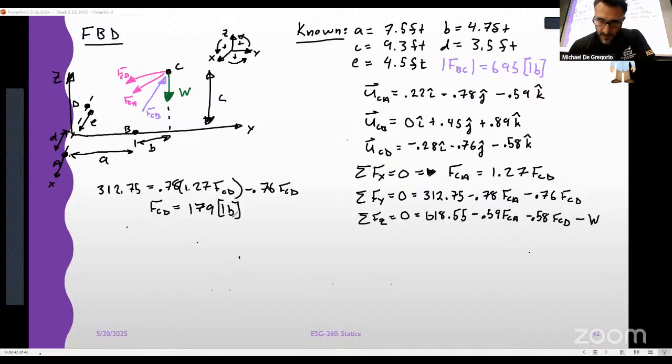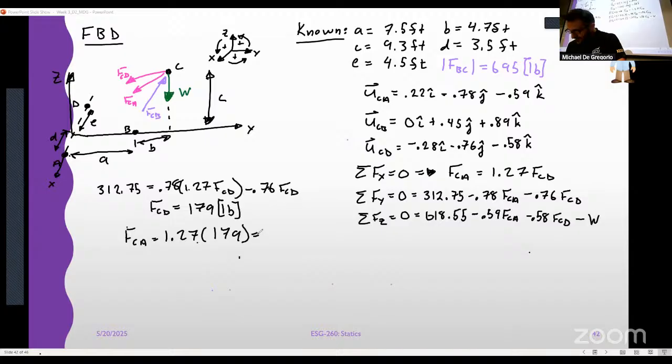Okay, still in tension, so that's great. We can go back and get FCA immediately, right? FCA is 1.27 times 179, which gives us 227 pounds.